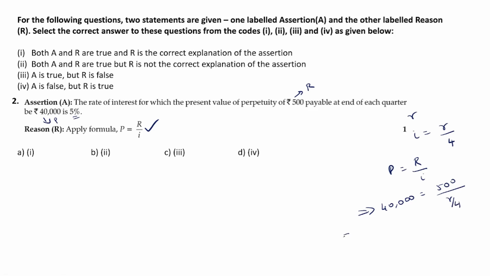So from this we have R by 4 into 40,000 equal to 500. So this is 10,000, these two zeros will go. R is equal to 5 by 100. It is 5%. So here the rate of interest is 5%. So the assertion is also true. Here both A and R are true and R is the correct explanation of the assertion. So the correct option is option A.